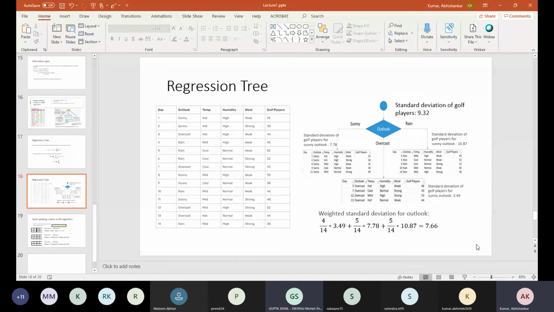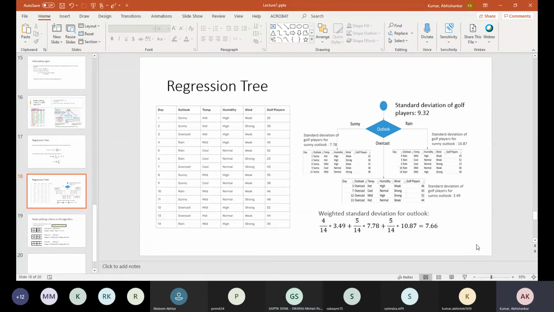Just 1 minute, I'm calculating it. It is coming 7.78.